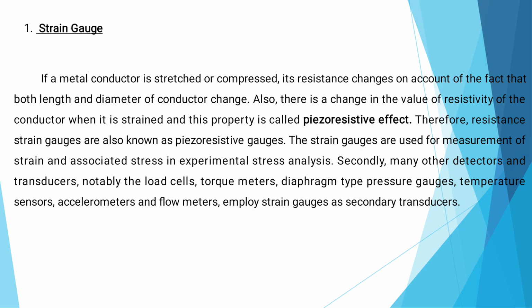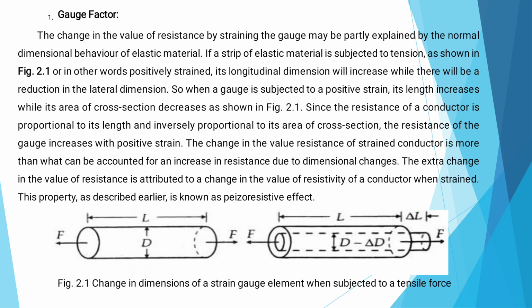And the third topic is the gauge factor. To quantify this sensitivity, we look at the gauge factor. Part of the resistance change can be explained by normal elastic dimensional behavior. When a strip of elastic material is subjected to tension, meaning it is positively strained, its longitudinal dimension increases while its lateral dimension shrinks.